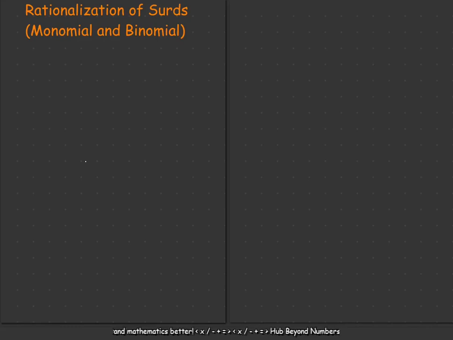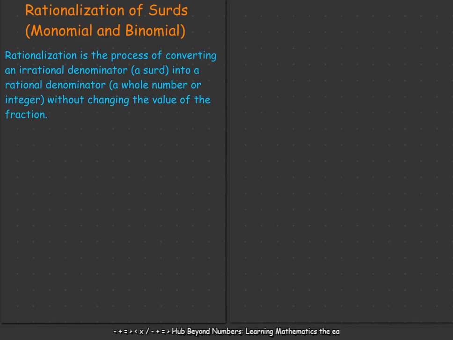So rationalization is a process of converting an irrational denominator into a rational denominator. So you are changing it from a surd to a whole number or an integer without changing the value of the fraction. Okay, so this is it, as you see on your screen.